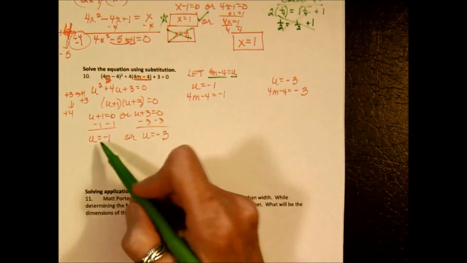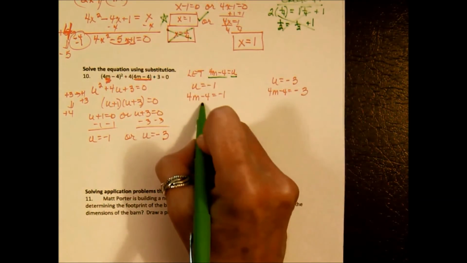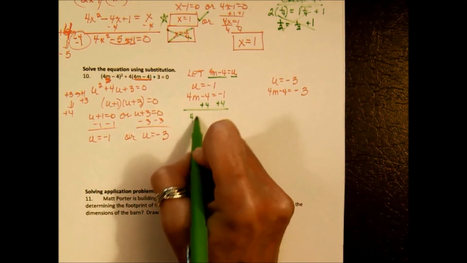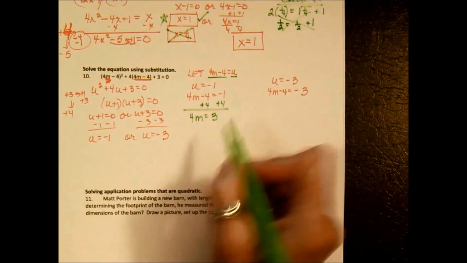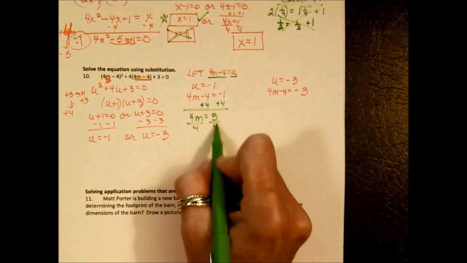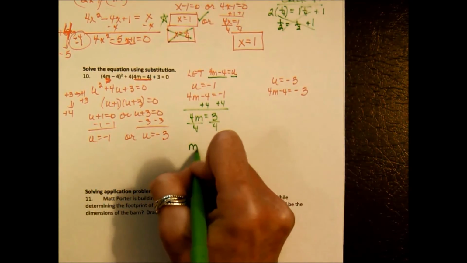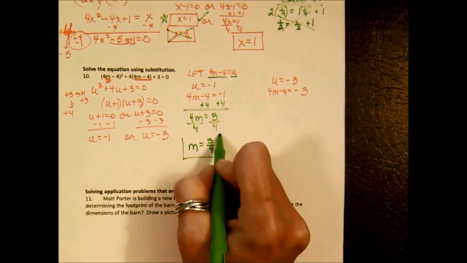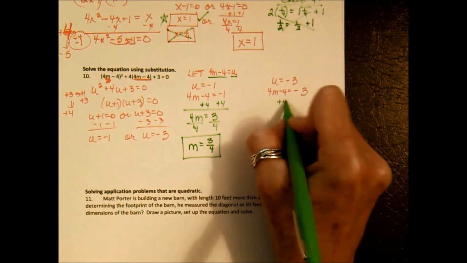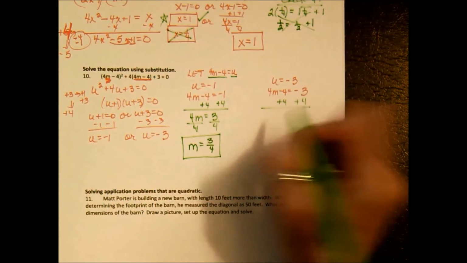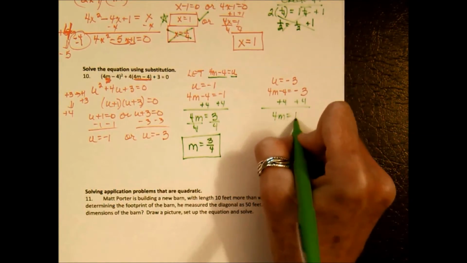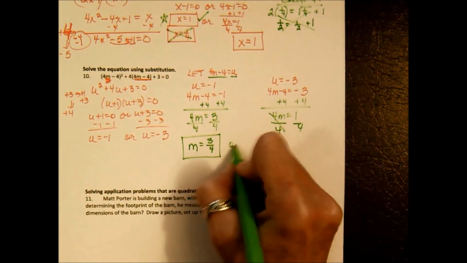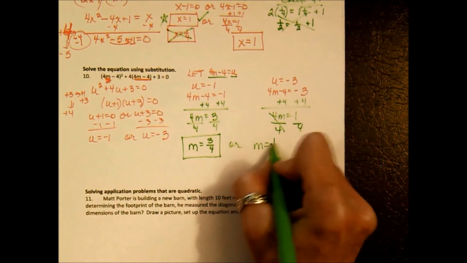So when I solve this, 4m equals 3, and I divide by 4, and I get one solution is 3/4 for m, which is what we were looking for. Here, when I add it back in, I get 4m equals 1, divide by 4, and I get m equals 1/4. And I have my two solutions.